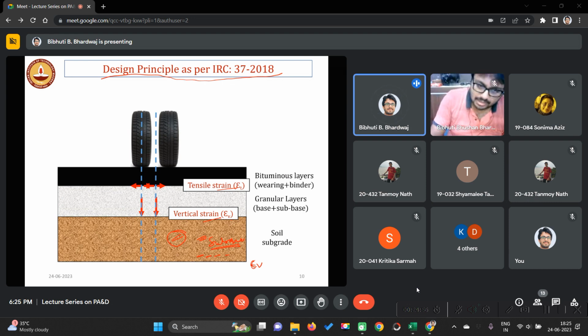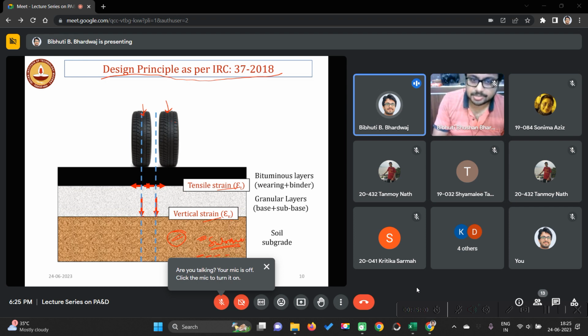Okay, now some vehicles will come, vehicular load will come, and this vehicular load will exert some stress, and because of this stress, there will be some strain here. In the analysis of pavement module, we learned how to manually calculate, but of course here we will use software. But the philosophy is the same.